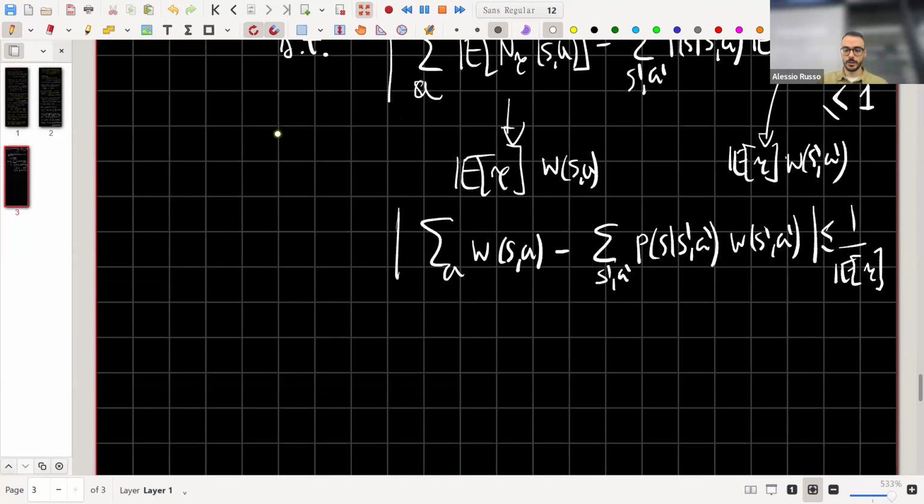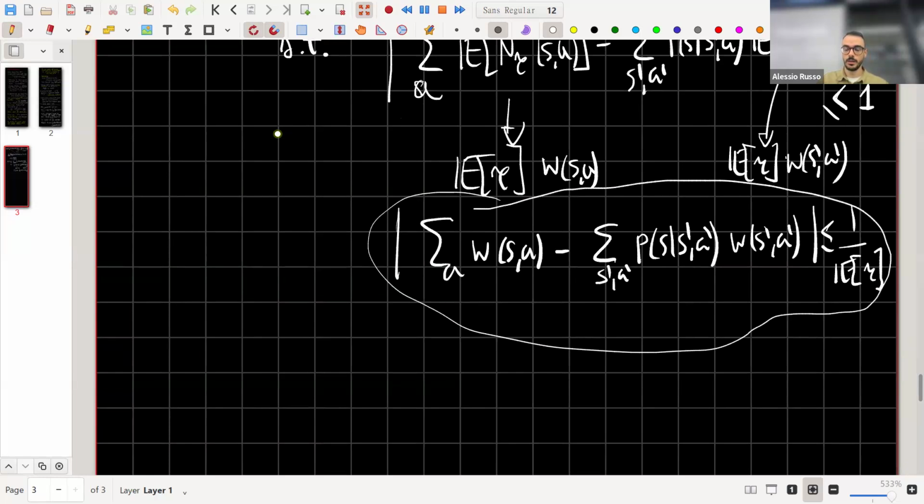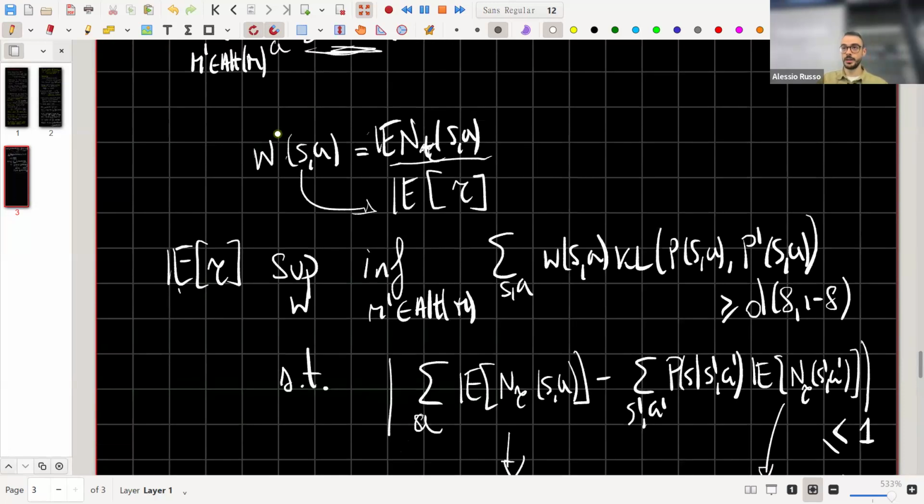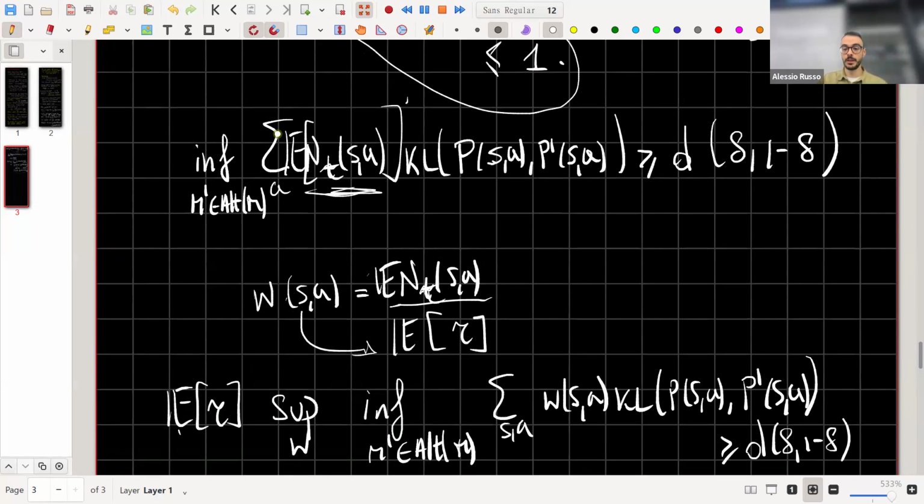And so we obtain this inequality here. And now what we need to see is that the expected sample complexity will basically tend to infinity as we let delta go to 0.